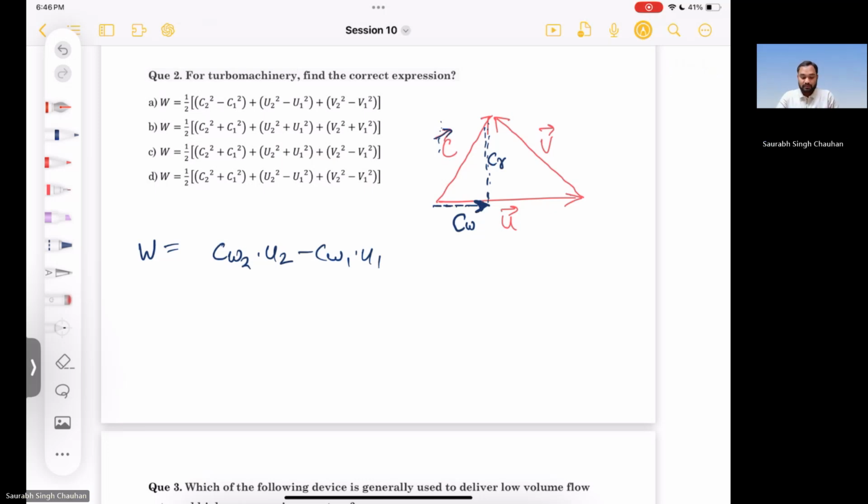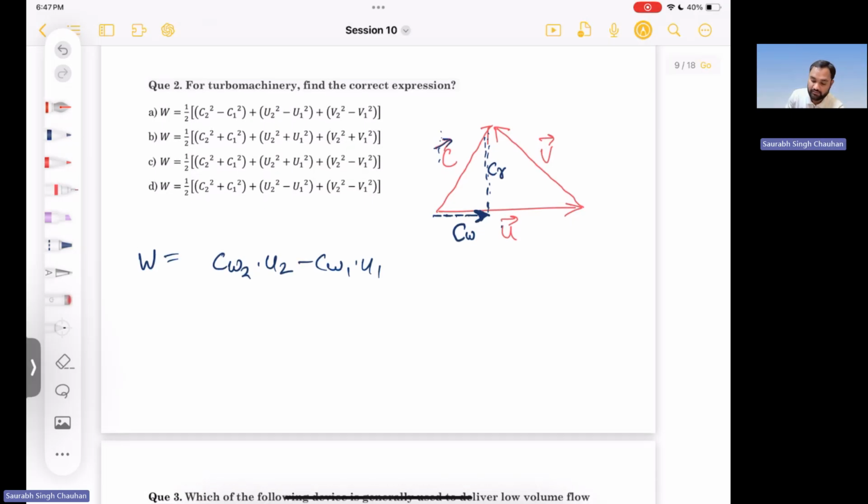And we have to write this CW in terms of U, V, and maybe C. It is simple mathematics, and it is already derived in the lecture. So how can we write it? We need to eliminate this CW.